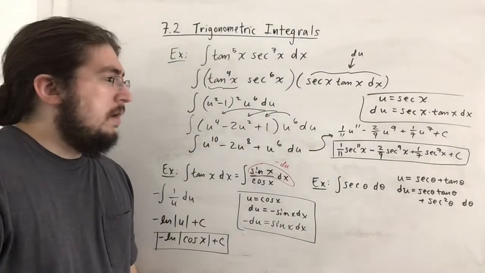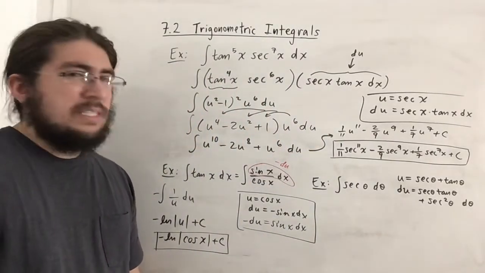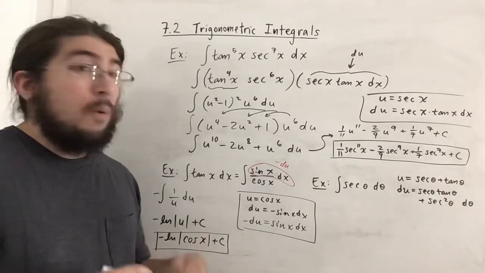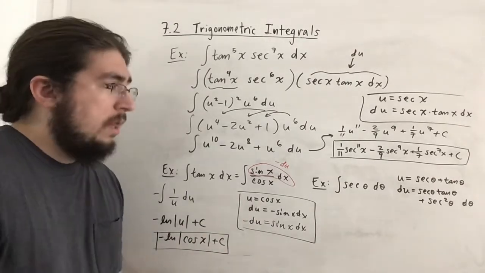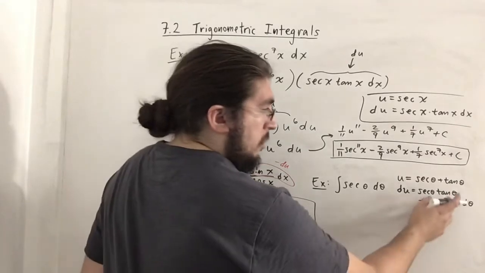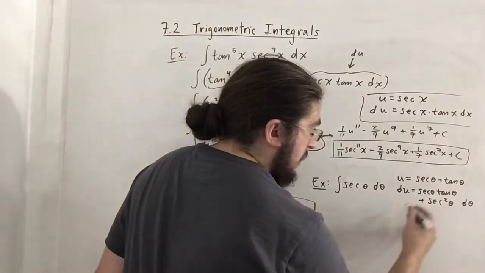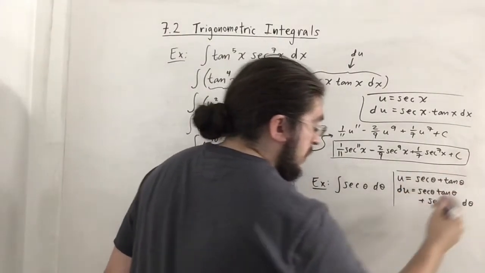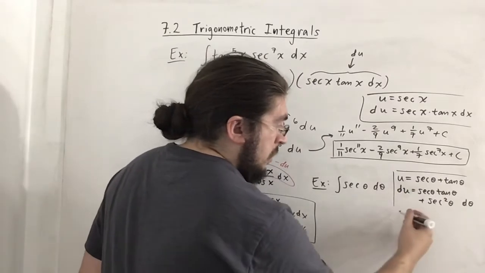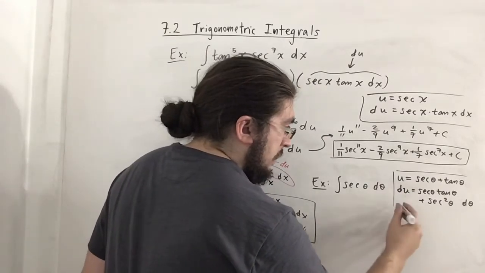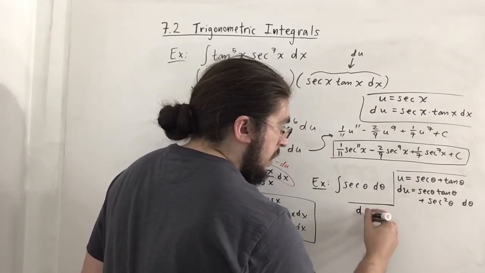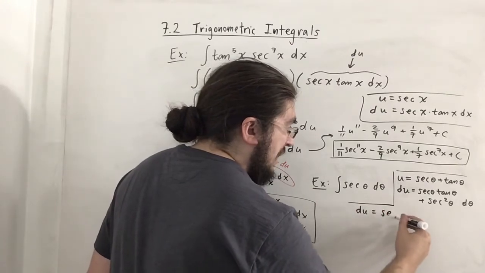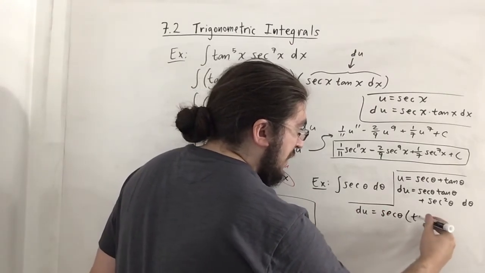And now, why is this an obvious substitution? Again, it's not an obvious substitution, but why is it even a substitution? Well, it's because notice here you can actually pull out secant. So from this expression for du, you can write du as secant theta times the quantity tangent plus secant.